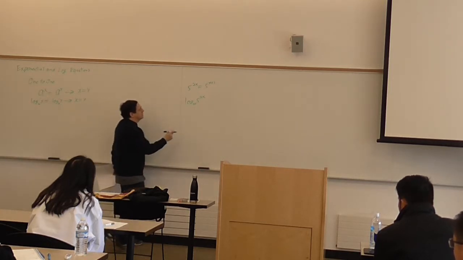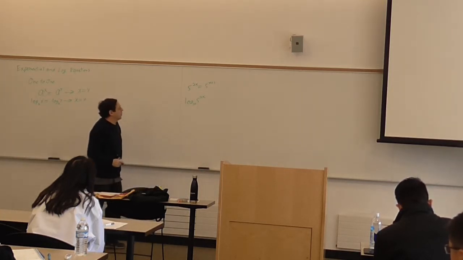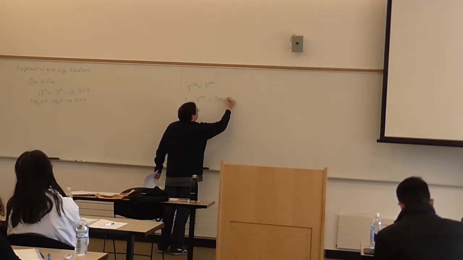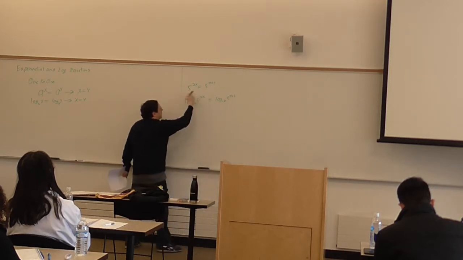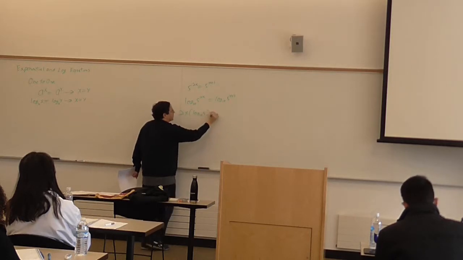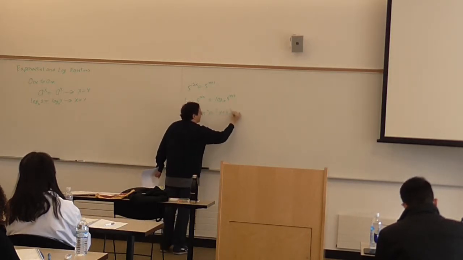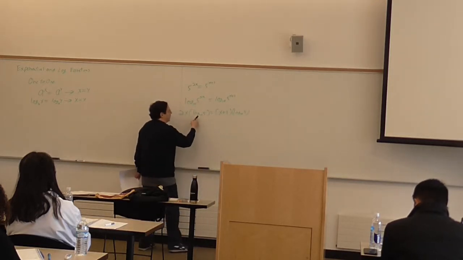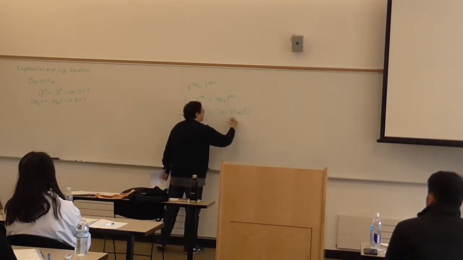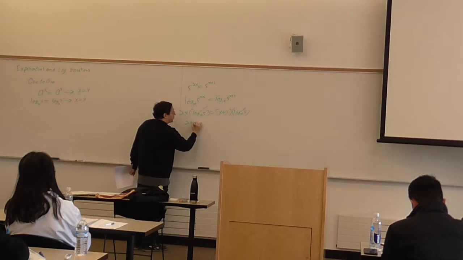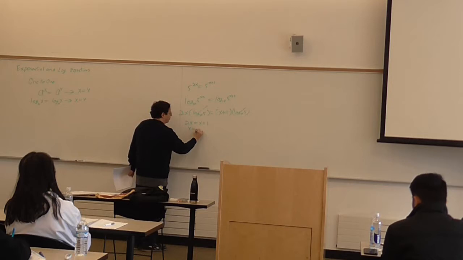Well, yeah, it would work, because I can then move the exponent over: 2x log to the base 10 of 5 equals x plus 1 log to the base 10 of 5. Yeah, that works. And this is a constant that I can get rid of. So here I have a simple equation, 2x equals x plus 1, or x equals 1.